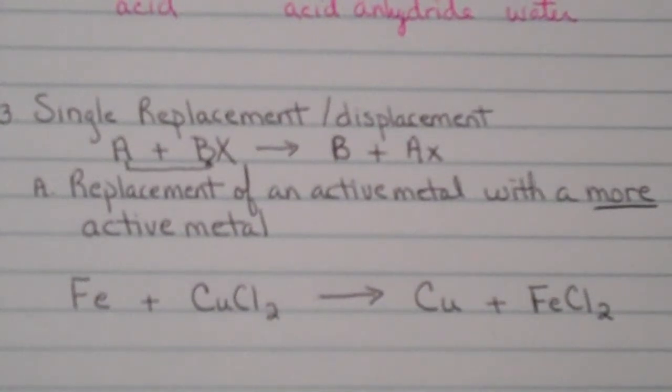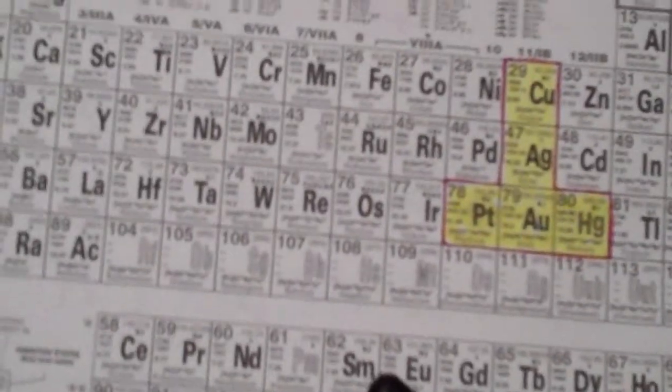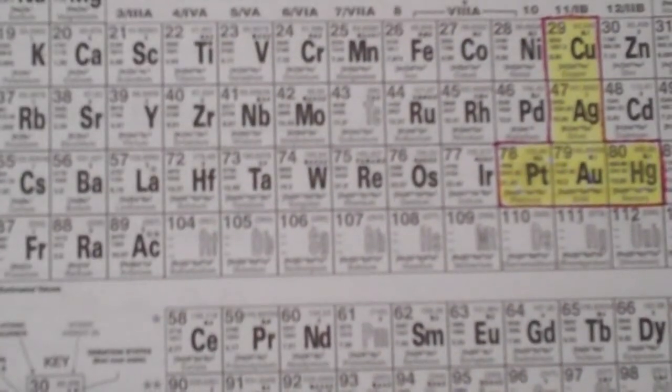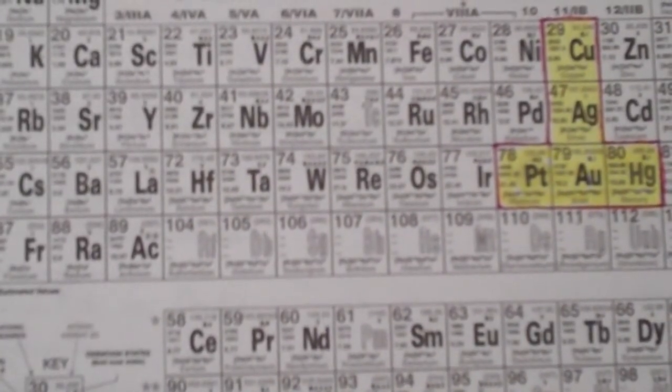And for this, you need to understand something about the activity of metals. When we're looking at a periodic table, the most active metals are found to the far left.